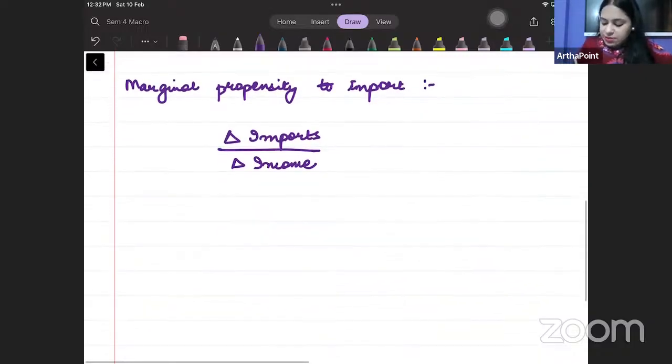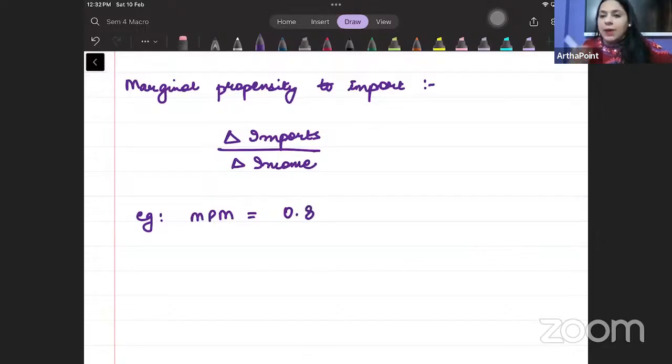For example, if I tell you my marginal propensity to import is 0.8. We know that when the income of any person in India increases, his spending will increase. When he spends more money, he can spend it on two things: either on domestic goods, buying India's goods and services, or on foreign goods, ordering something extra from outside.